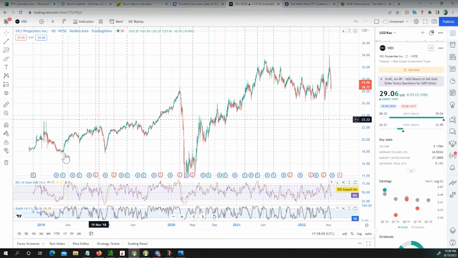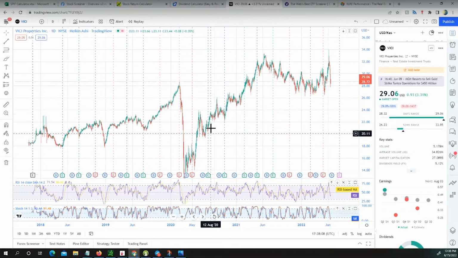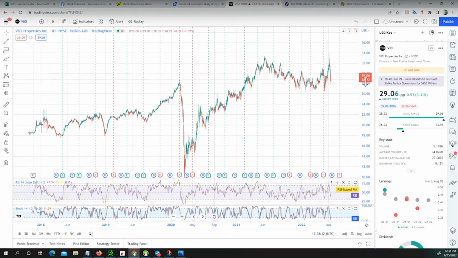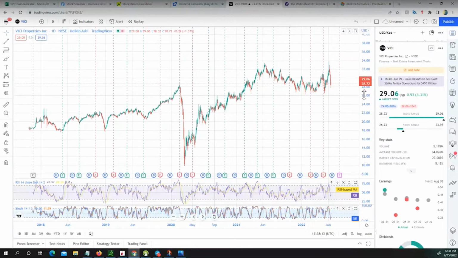And then Corona happened, and the stock dropped significantly. And as you can see, the recovery was very, very impressive. From just March of 2020 to June of 2021, it had already surpassed its previous high before the virus.